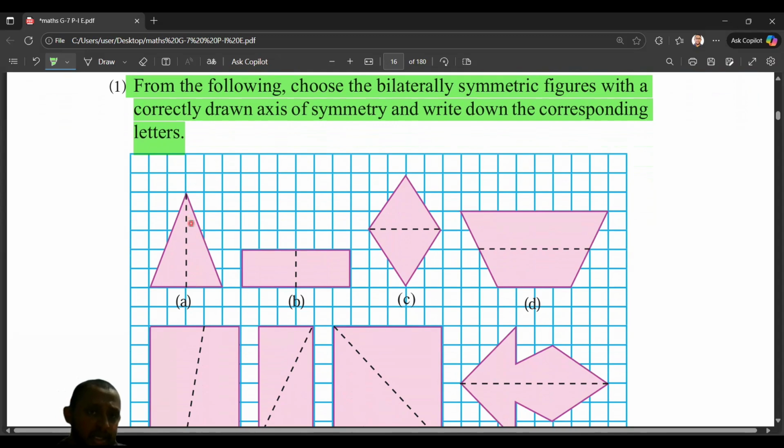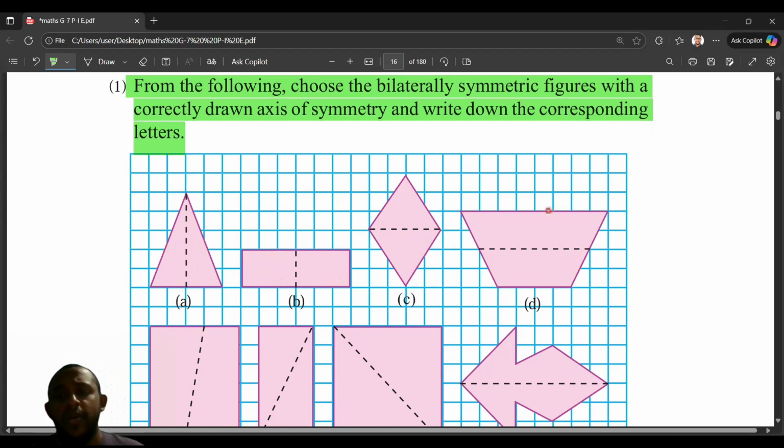Bilaterally symmetric means that once you fold it through the dotted line shown, each of the parts of the figure should coincide along the dotted line. So this is possible. This can coincide along this particular dotted line. This is also possible.